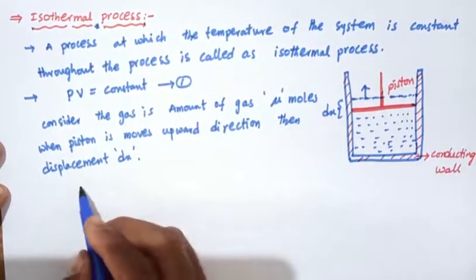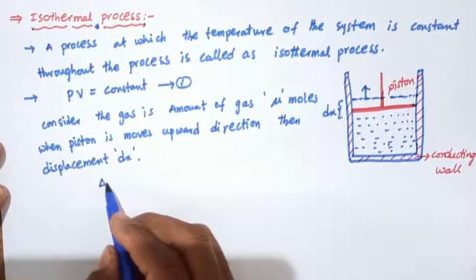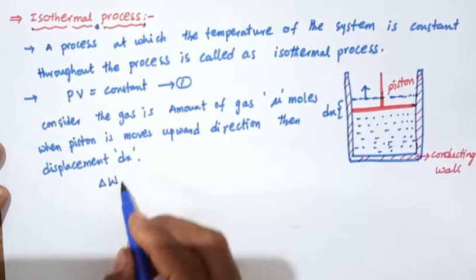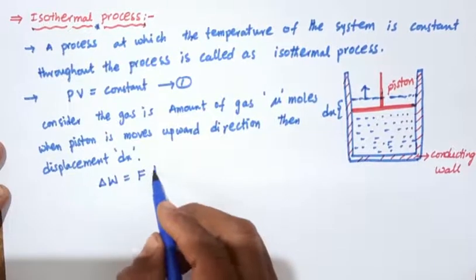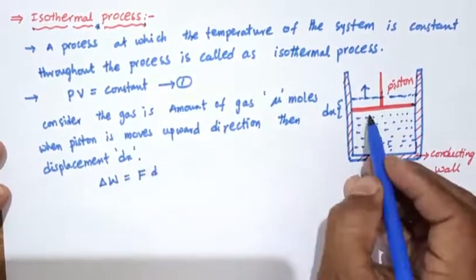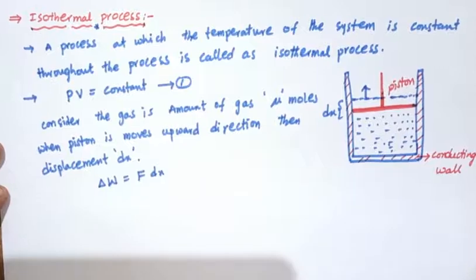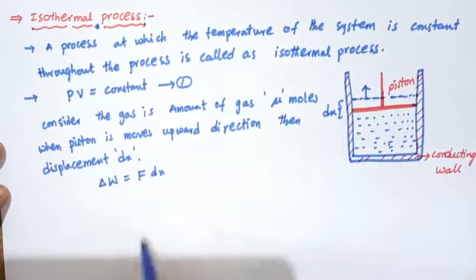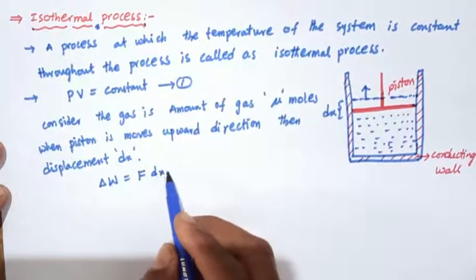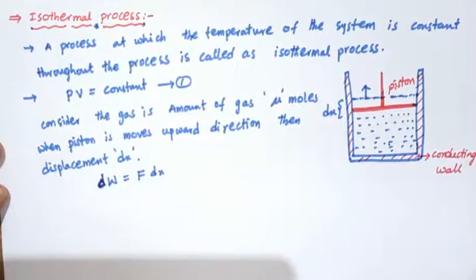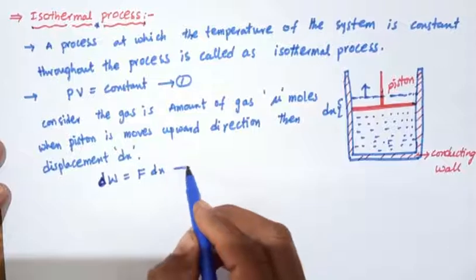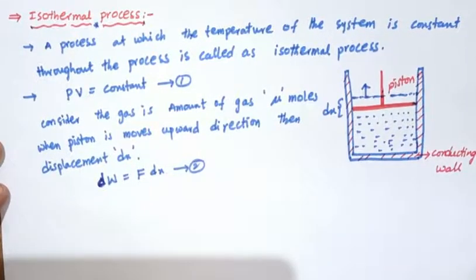So the small amount of work done, delta W equals force into displacement. The displacement is dx or delta x, whatever it may be. So here also dW. Okay, so this is equation number 2.